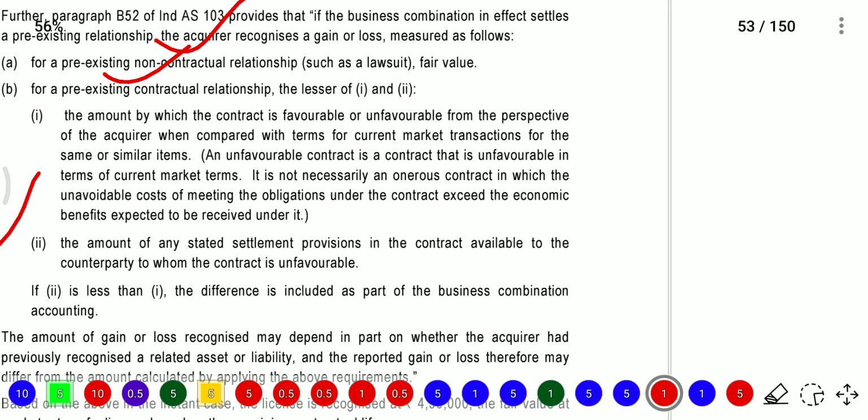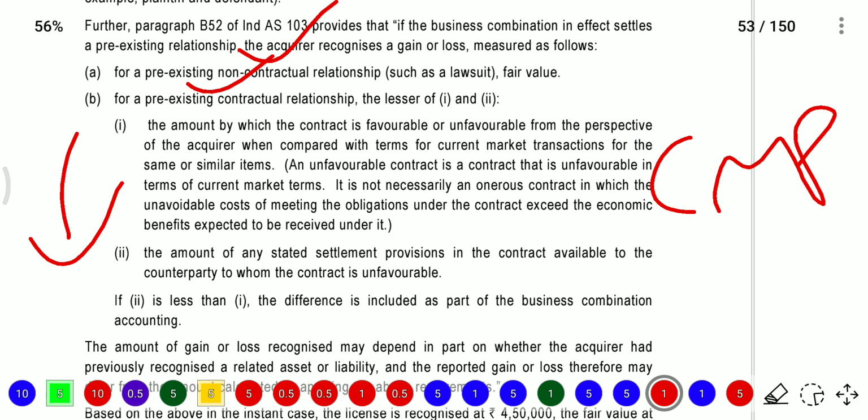So here we will take the current market price for the same or similar items. It may be favorable or unfavorable, or the amount of any stated settlement provision in the contract available to the counterparty to whom the contract is unfavorable. If there is any settlement provision, we will consider that one.